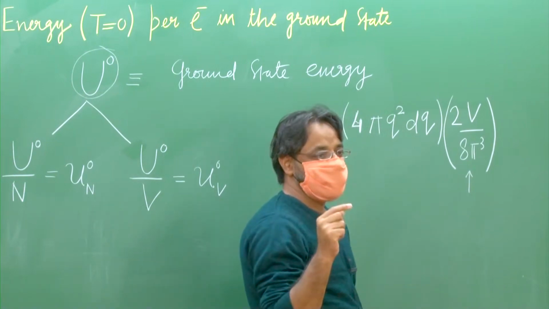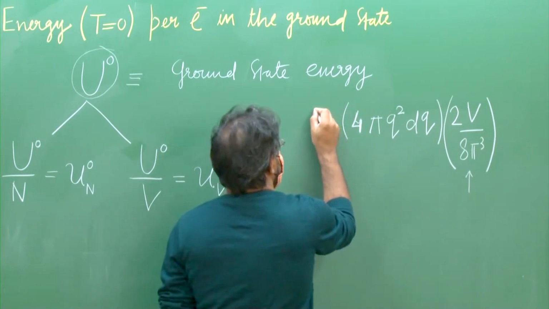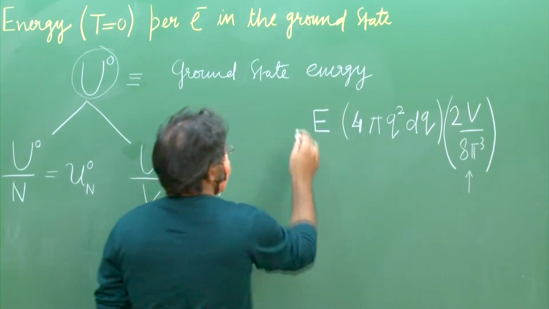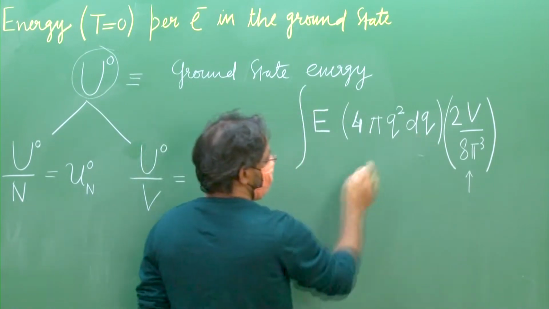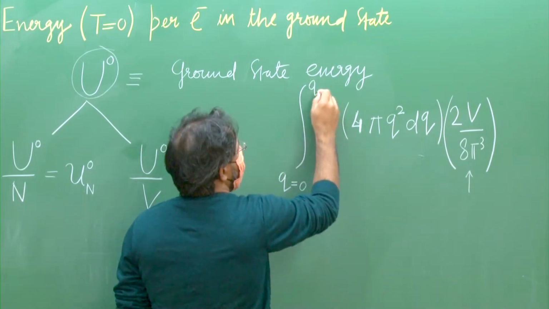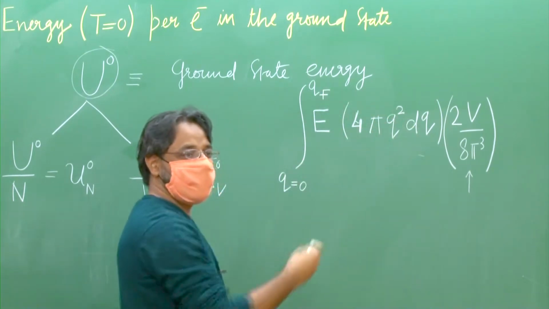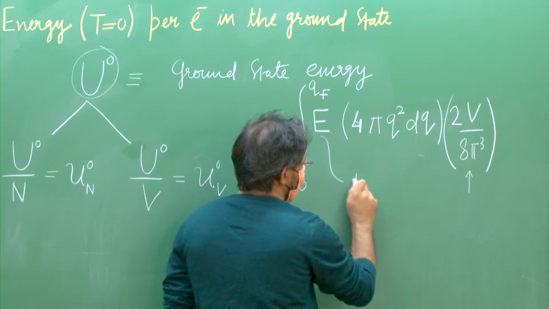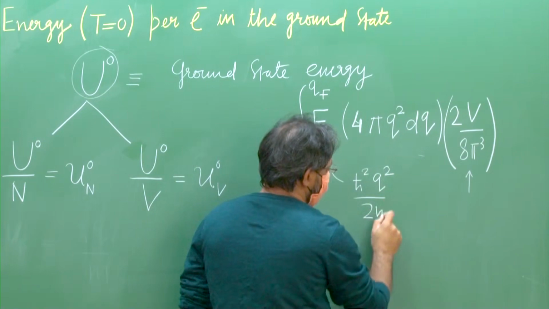Now, each of these electrons has an energy E, so I multiply it with E, and then I integrate this, the variable of integration being q, from q equal to 0 to q equal to qF. Why? Because beyond qF the states are unoccupied, there are no electrons. And E can be written in terms of q as h bar square q square by 2m.